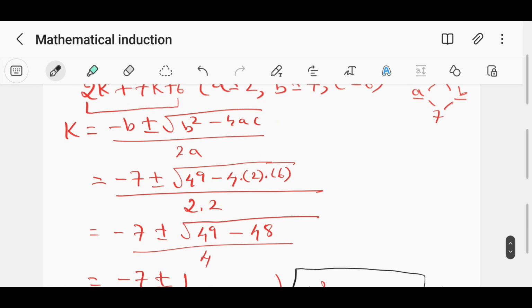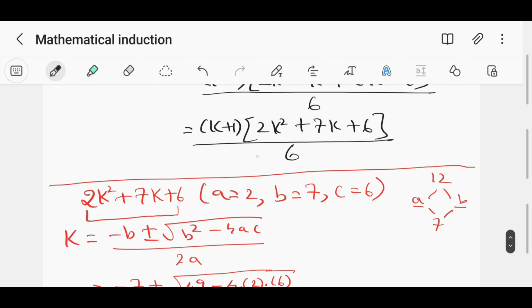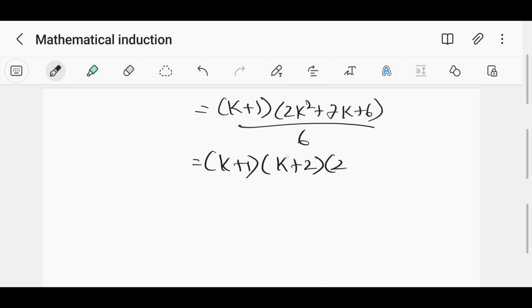So now this term, 2k square plus 7k plus 6, can be written as k plus 2 into 2k plus 3. So that is our next step. So this term can be written as k plus 1 into k plus 2 into 2k plus 3 whole divided by 6.